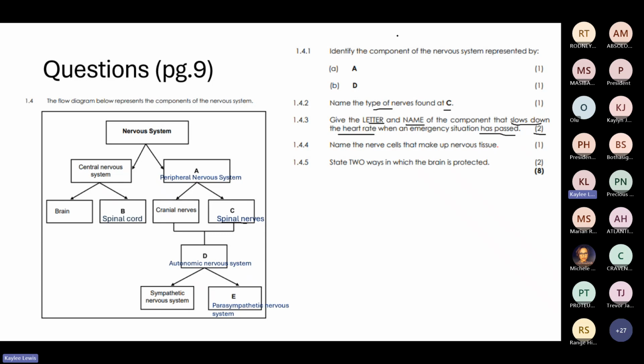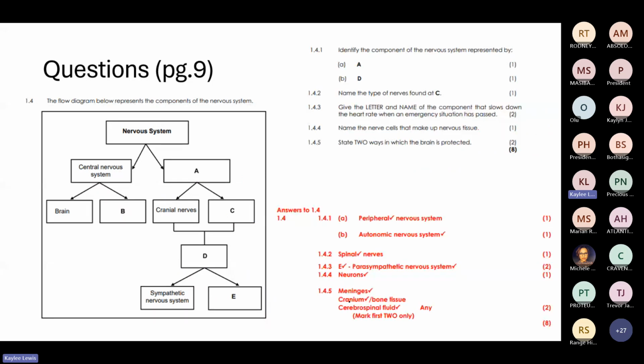So what is the letter name that slows the heart rate down to normal after emergency has passed? And that would be the letter is E, and the name would be your parasympathetic nervous system. 1 mark for E, 1 mark for parasympathetic nervous system. I'm just going to pop the answers here so you can also see.